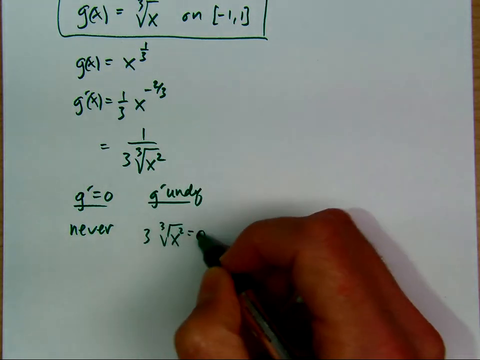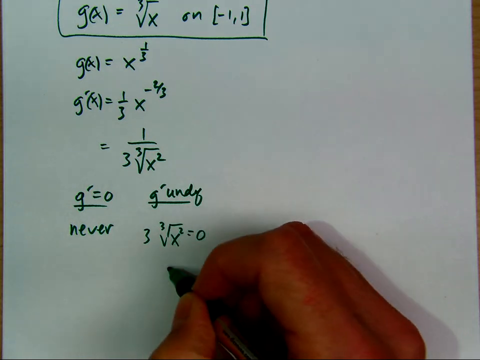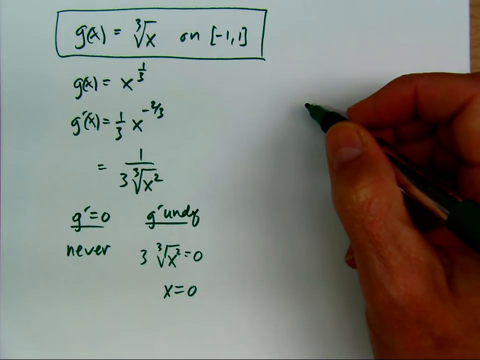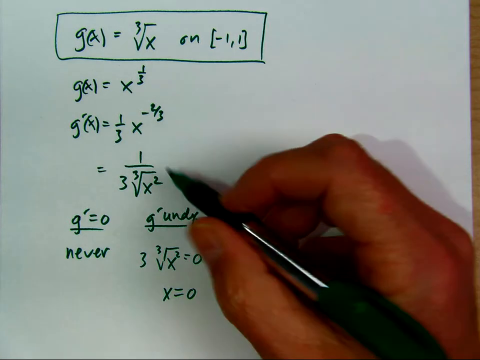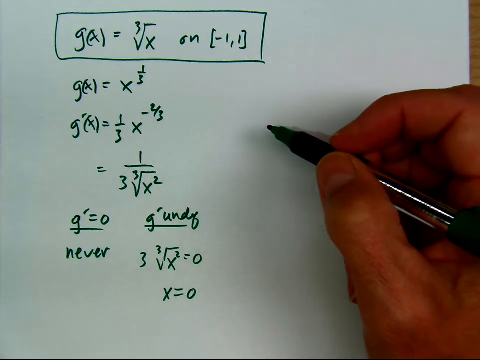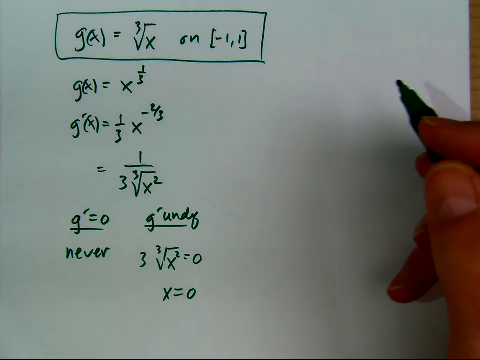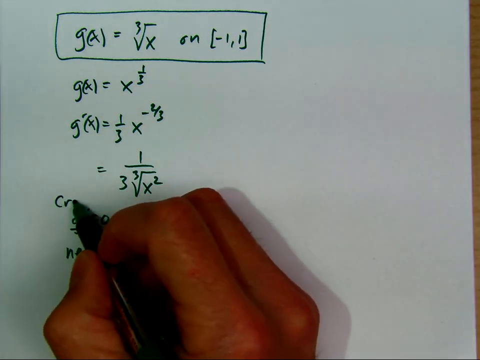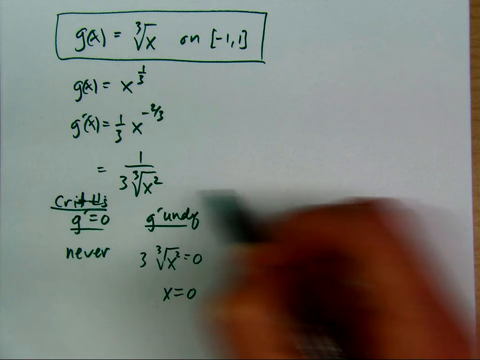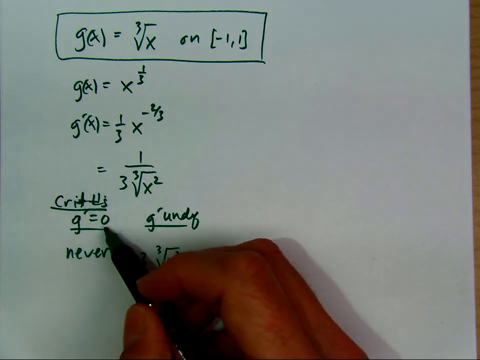Divide by 3, cube, square root, and we get 0. So at 0, the derivative is undefined. And these are critical numbers. Critical numbers are when the derivative is 0 or undefined.